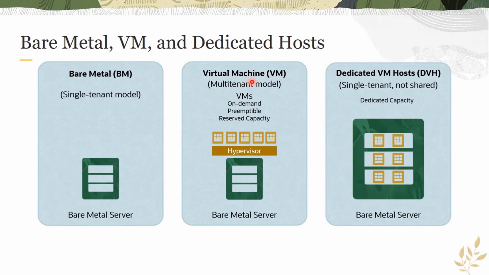On the other spectrum are virtual machines where the underlying host is virtualized to provide smaller VMs. That is also referred to as the multi-tenant model. The advantage here is flexibility in regard to choice of instance shape. Now the third one is known as dedicated VM host. The dedicated VM host allows you to run VMs with a higher level of isolation using a single tenant model.